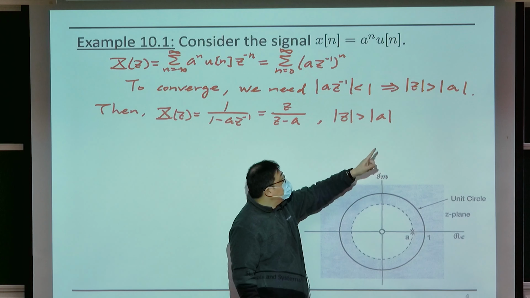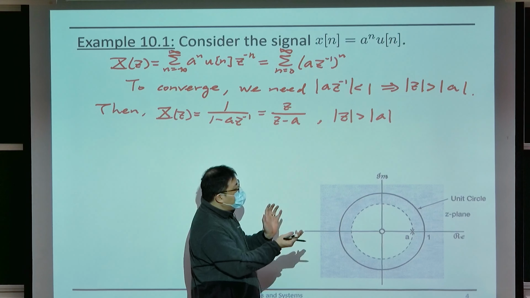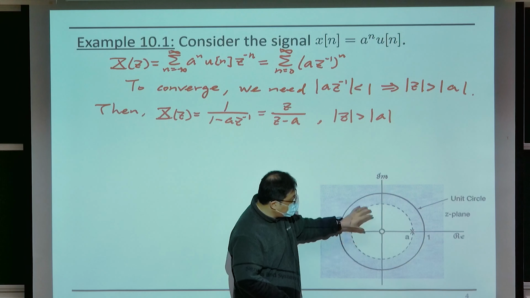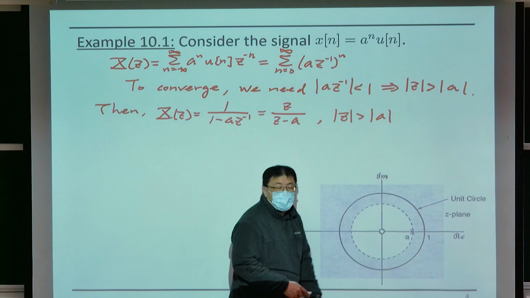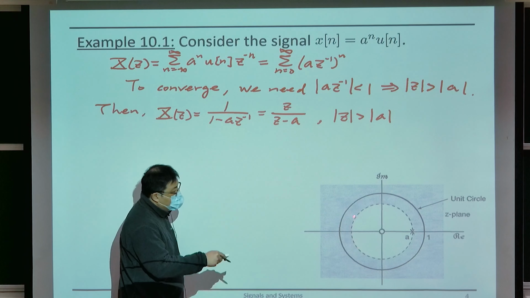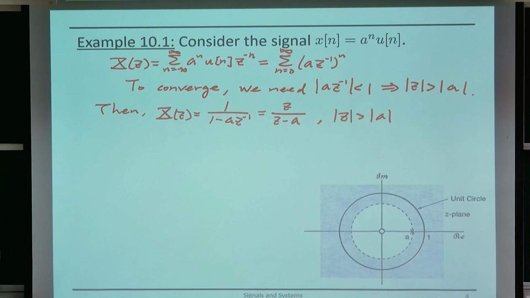This corresponds to all points beyond the circle with radius a. So this region of convergence is the exterior of a circle with radius a.